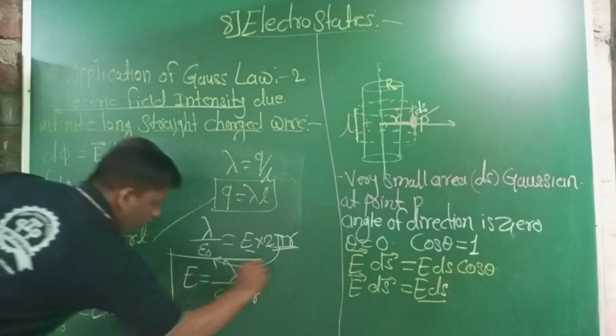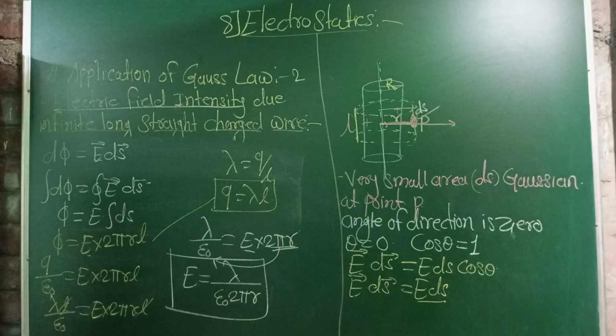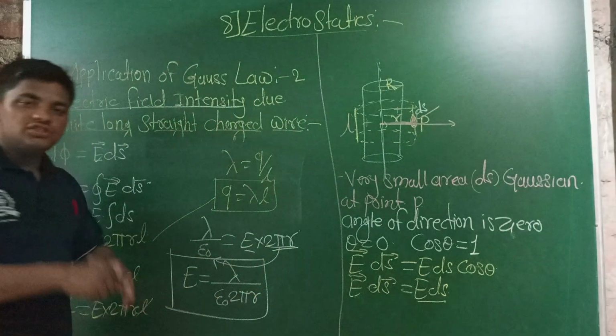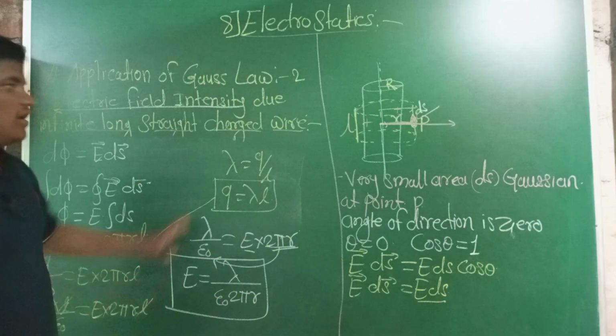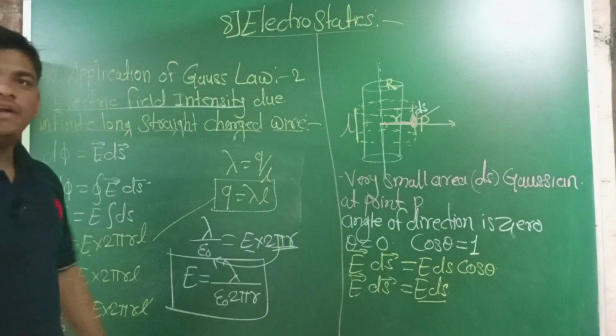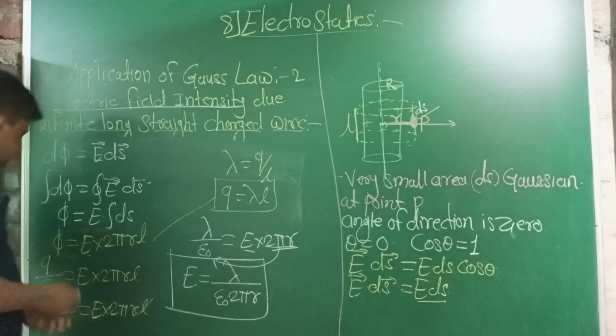This is the value of the electric field intensity at any point, because the charge is distributed uniformly over the whole length of that infinitely long straight wire.